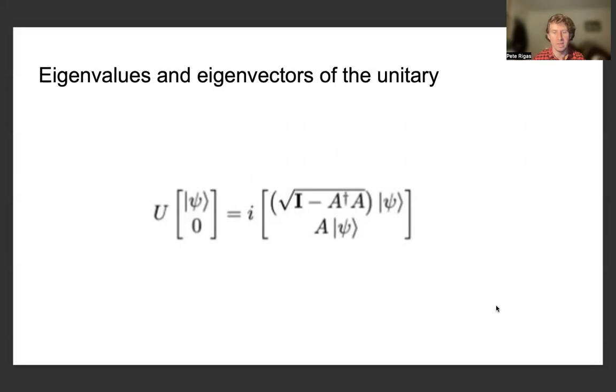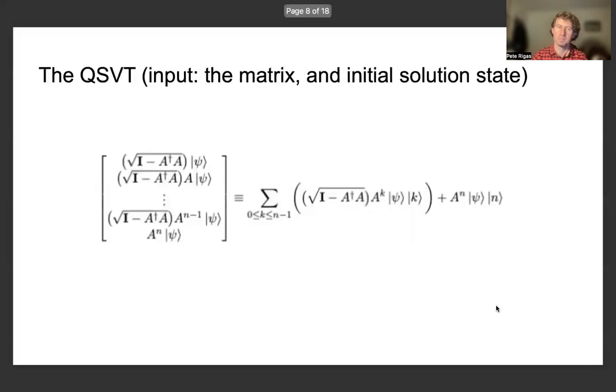So we're also defining an eigenvalue eigenvector relation in terms of the matrix A and some quantum state psi, which is going to be related to the solution state of the differential equation that we're interested in solving.